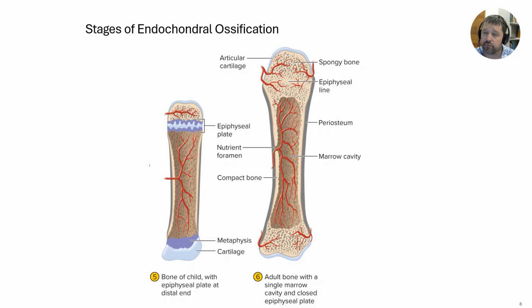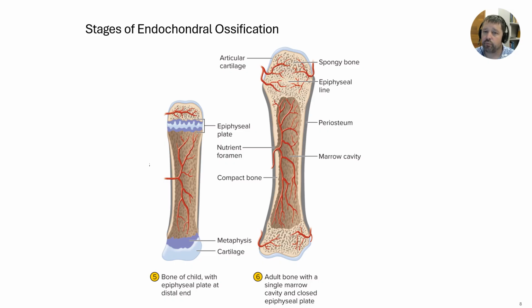It's laying down new cartilage fibers. Those cartilage fibers are going to become bone. It starts off as spongy bone first, and then can generate into compact bone based on the stress that's put on the bone. And that's referred to as the epiphyseal plate.